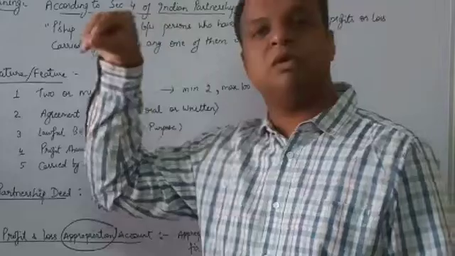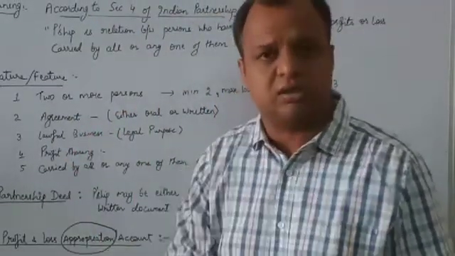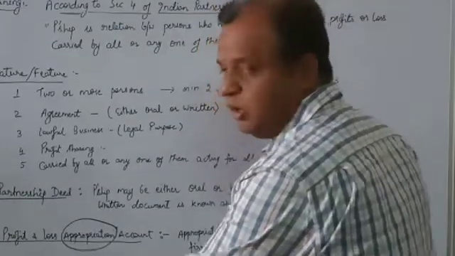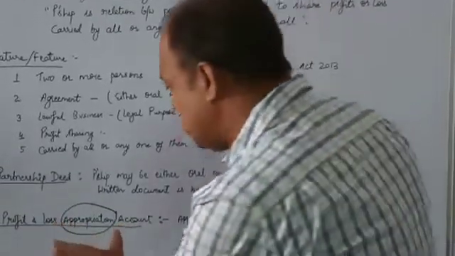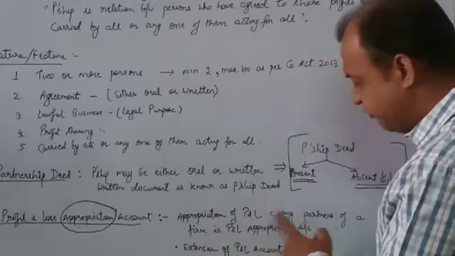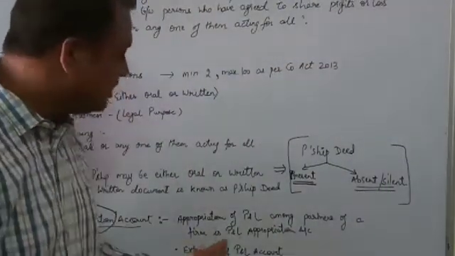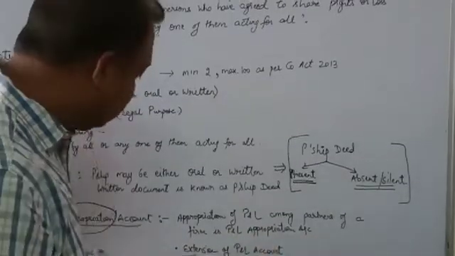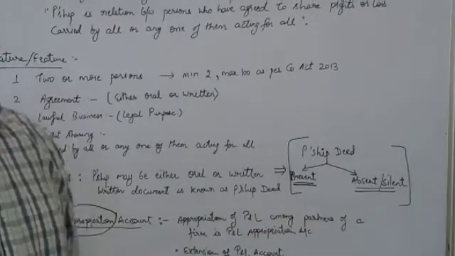This business profit will be distributed among the partners. So the distribution made among the partners is nothing but the profit and loss appropriation account. Is it clear, everyone? So the appropriation of profit and loss among the partners of the firm is the P&L appropriation account. It is the extension of the profit and loss account.